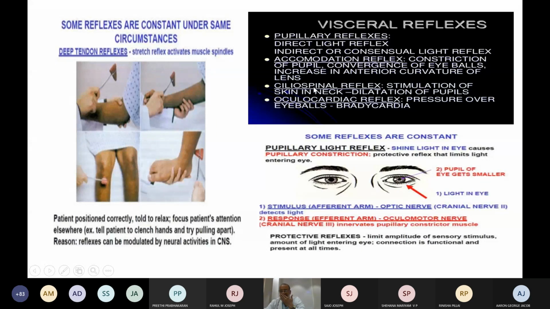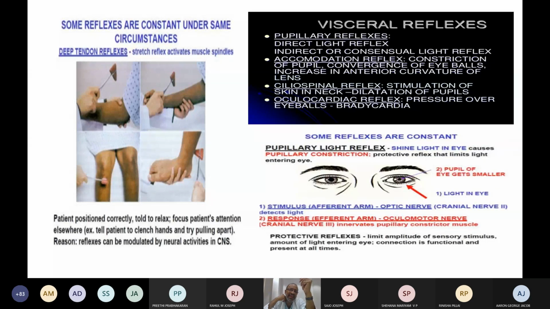Then ciliospinal reflex. He is asked to hold the book at a distance of 30 centimeters, and light is allowed to come from behind so it can illuminate the book, and he is asked to read. What is going to happen? You are going to pinch the skin of the nape of the neck, say on the right side.